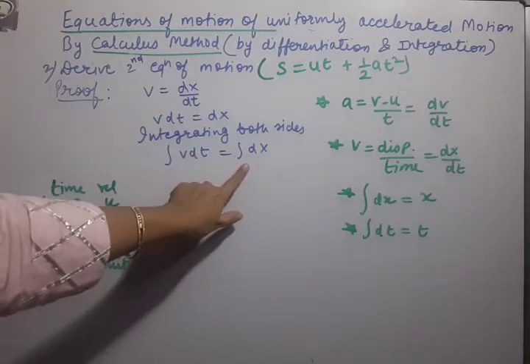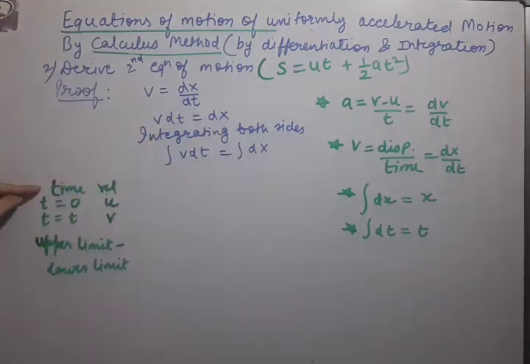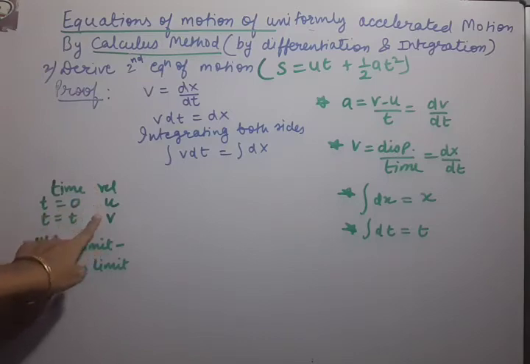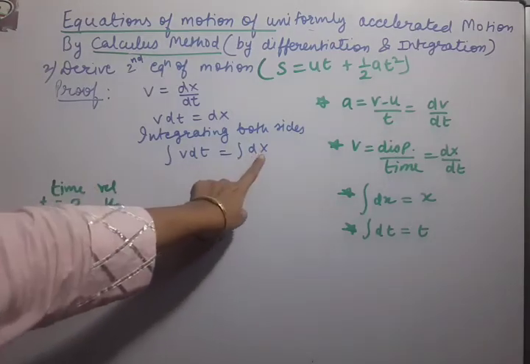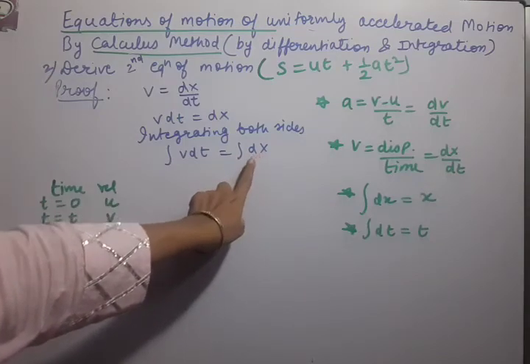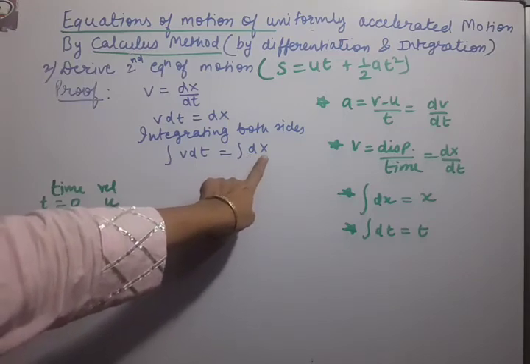After that, when the integration sign is written, we need to put the limits also. So the limits are prepared this way only. Initially, time equal to 0 and after some time, t equal to t. So velocity is initial u, final v. But here we will be needing the limits of displacement also, because here the integration is taking place with displacement x.